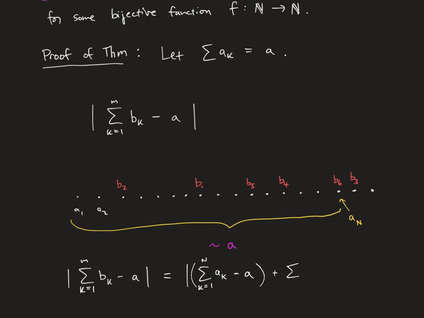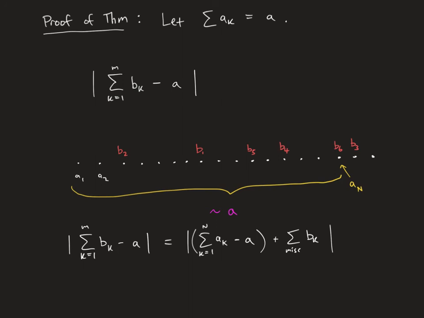So I have some b_k's, and I'll just say miscellaneous: these are the extra ones which fall outside, where k is bigger than N.